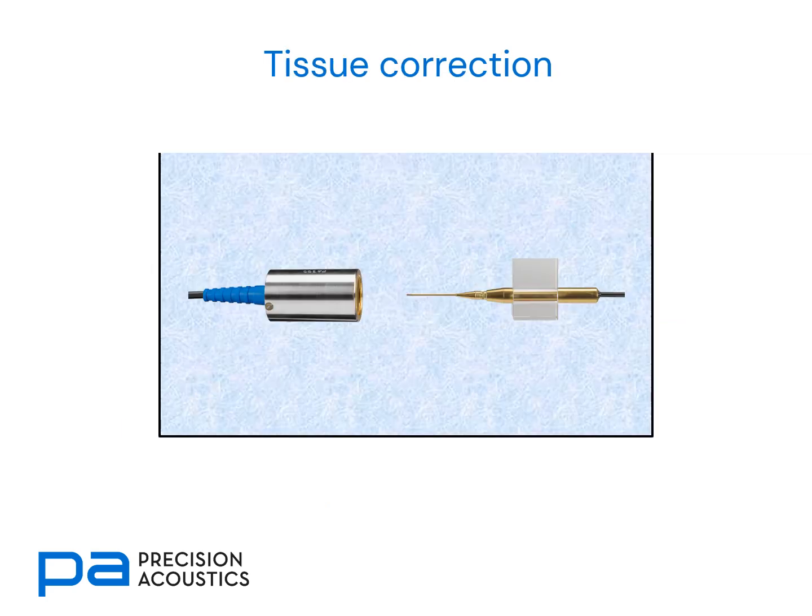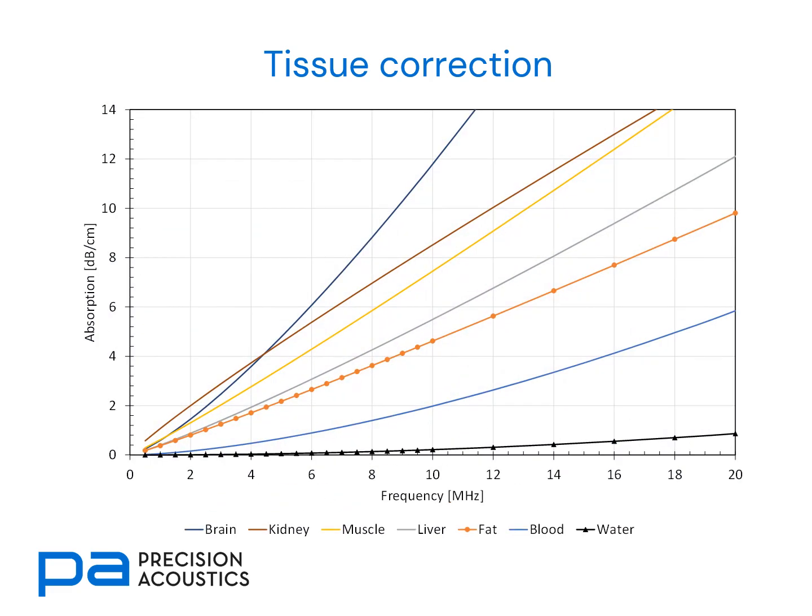There's another correction which we need to consider as well. Most of the measurements which we make for ultrasonic pressure are conducted within a water bath with a transducer and a hydrophone. However, most of the applications of ultrasonic intensity are attempted to try and represent what's going on within the body. If we look here at the absorption values that we see for various common media, many of which are biological, but also we compare that to the water absorption level, which is at the very bottom of the graph, we can see that there are substantial differences in the overall level of absorption.